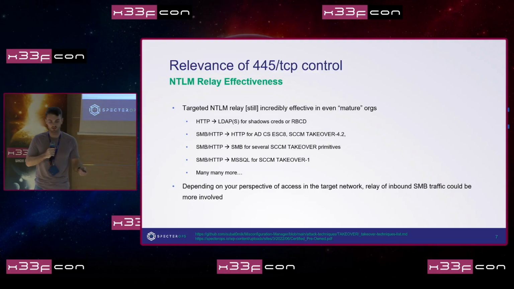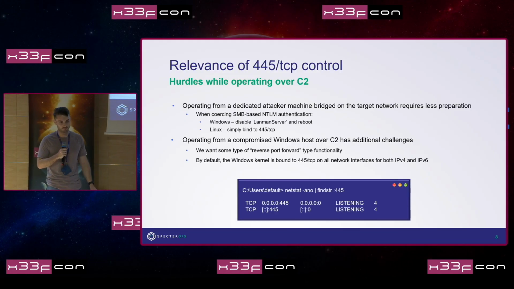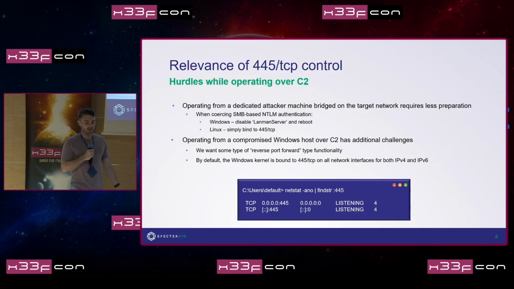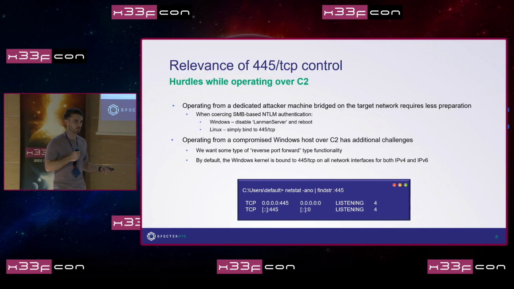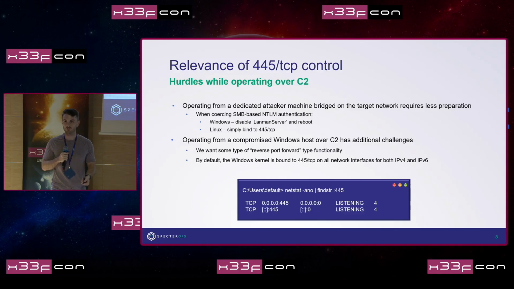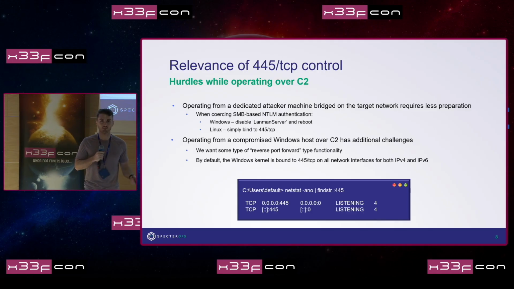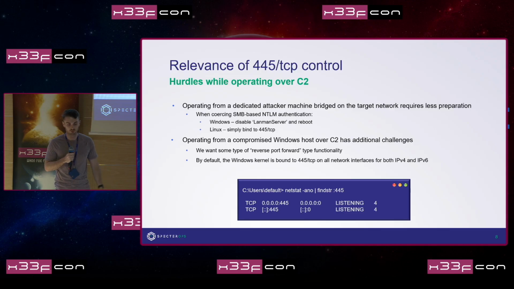So what I mean by your perspective in the network is if you're operating from a traditional pen test scenario, like you have a Linux box plugged into the network, or a VM deployed in your target environment, then this could be as simple as being root, you bind to 445, you can conduct your Responder or poisoning-based attack, and it can be relatively straightforward.